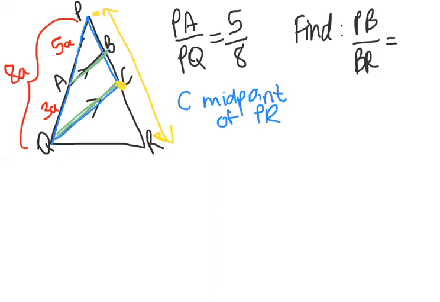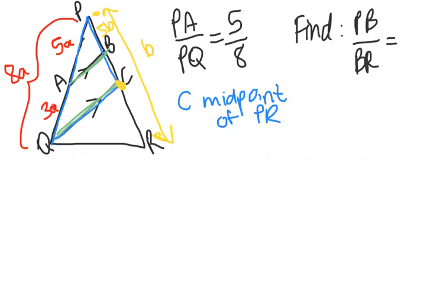Which tells me, if we can determine PC, then we can determine CR as well, because C is the midpoint. So let's write this as letter B. So the whole one is B. We don't know how much B yet, but let's call it B. But we have this 5A over here, and the opposite side here is PB. So let's call that 5B.